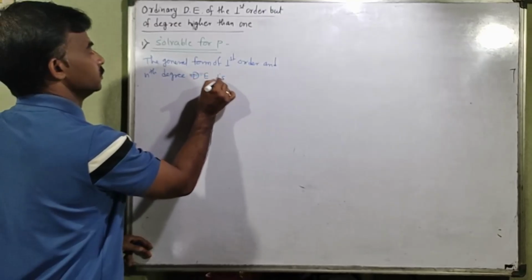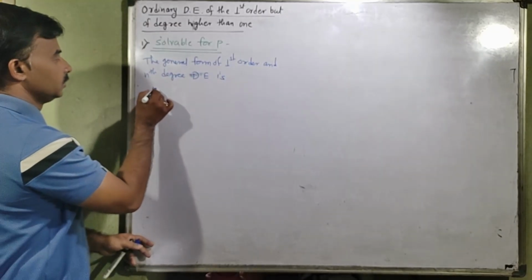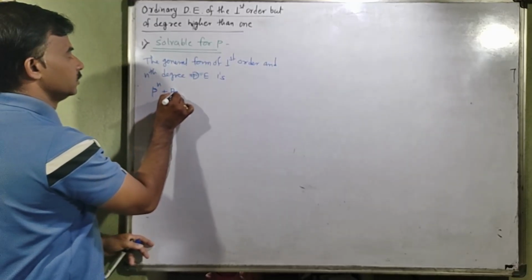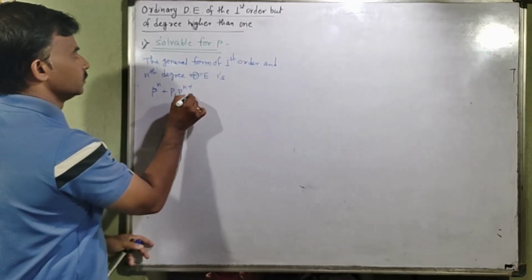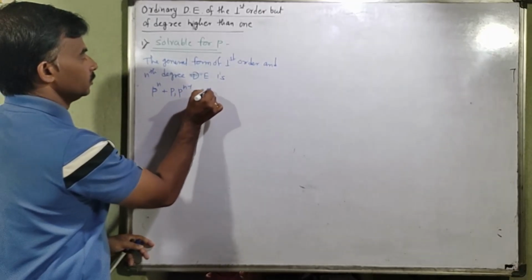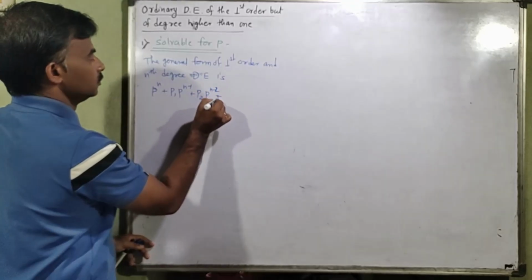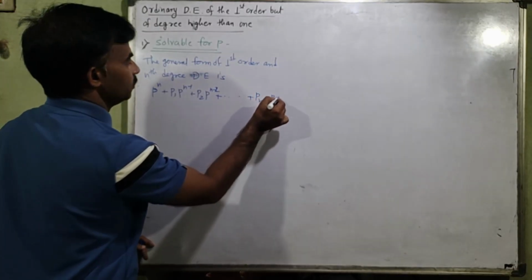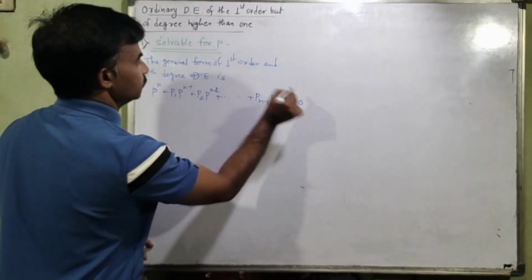The differential equation is P raised to n plus P1 P raised to n minus 1 plus P2 P raised to n minus 2 plus and so on up to plus Pn minus 1 into P plus Pn is equal to 0.